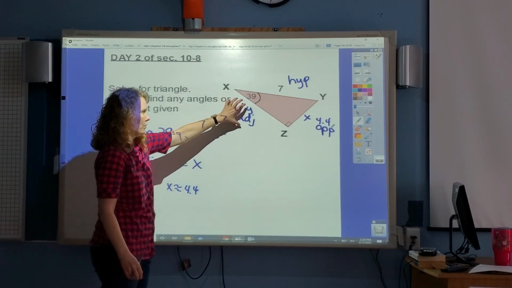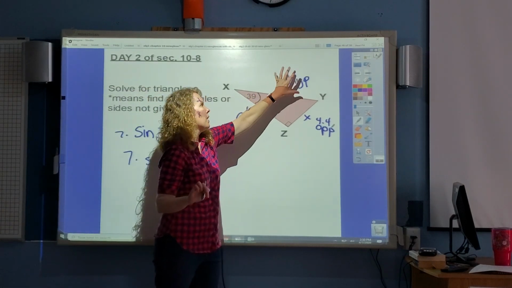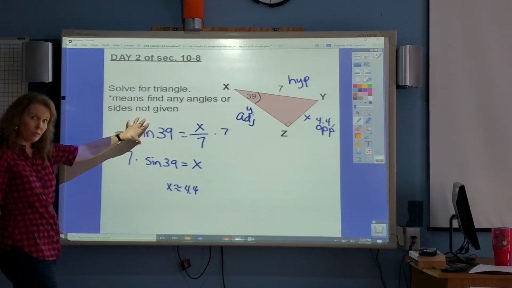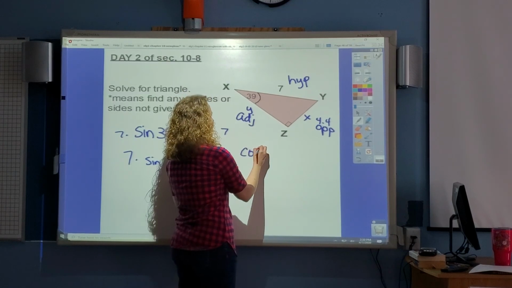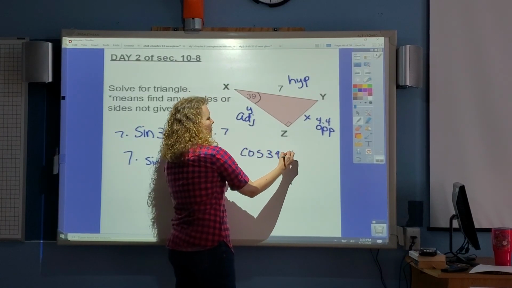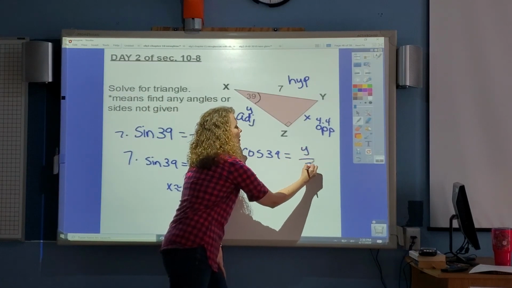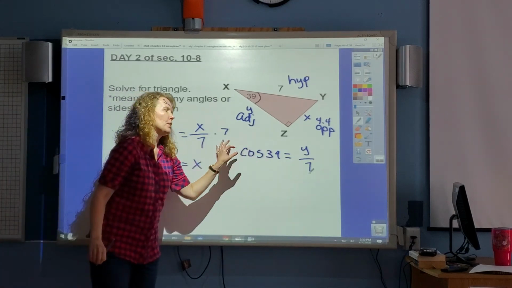Okay, so if we're going after y, remember we still have the hypotenuse, we still have an angle. We could use cosine because it's adjacent and hypotenuse. So here, I'll just write it over on this side. So the cosine of 39 is equal to little y over 7. So it's going to work a lot like this one. So again, multiply both sides by 7.